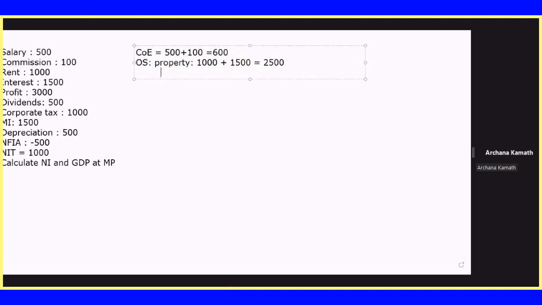Second, income from entrepreneurship, is in the form of profit, which is given as 3,000. Mixed income is directly given as 1,500. So you can find NDP at factor cost by adding all these values: 600, 2,500.